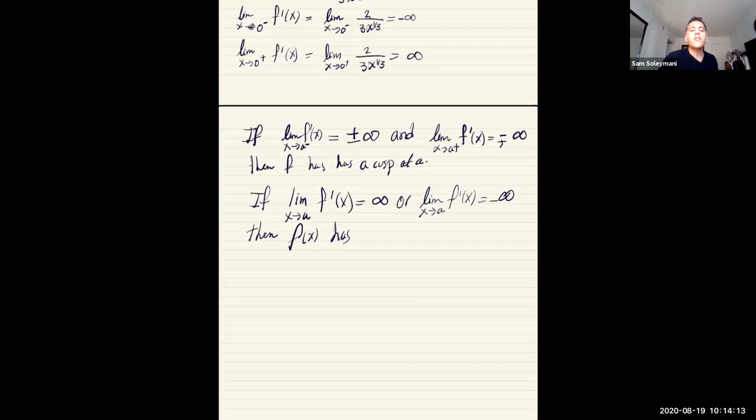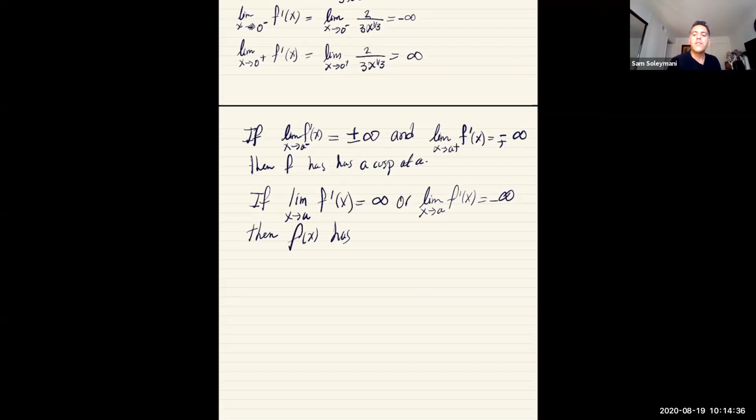Yes, vertical tangency. Well, why is that? Okay, so imagine the derivative. The derivative at x equal to a goes to infinity.